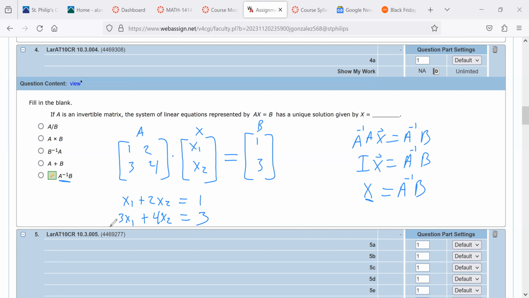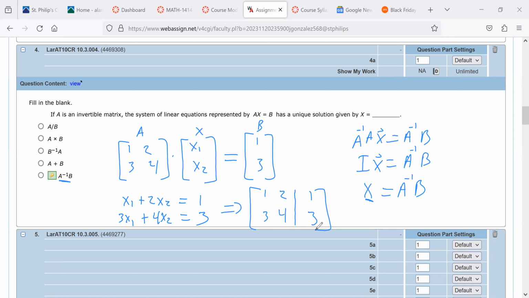The coefficient matrix is right there, the 1, 2, 3, 4. The variables are right here, x1, x2, or you can use x and y, or x, y, z, equal to this. So this is the same as what we were doing last time, except instead of an augmented matrix, you have a matrix equation.